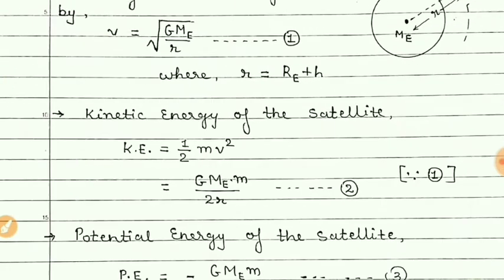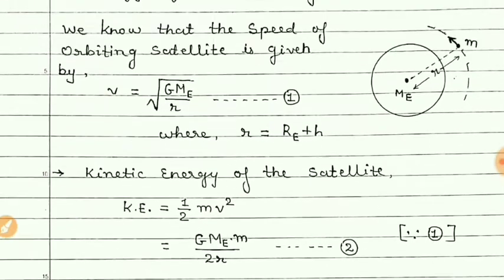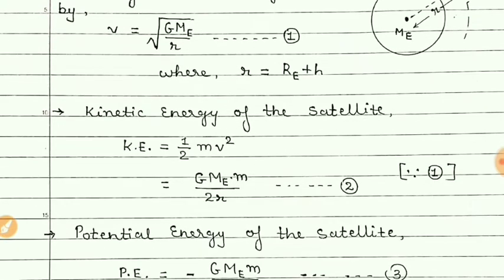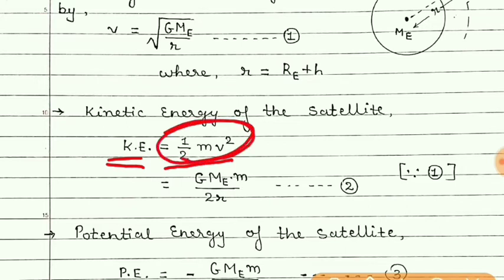Now as the satellite is moving with some speed, its kinetic energy is given by KE is equal to half m v square. This is the formula for the kinetic energy of any particle moving with some velocity or speed.